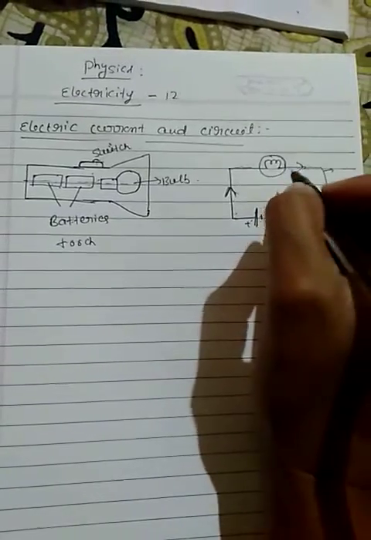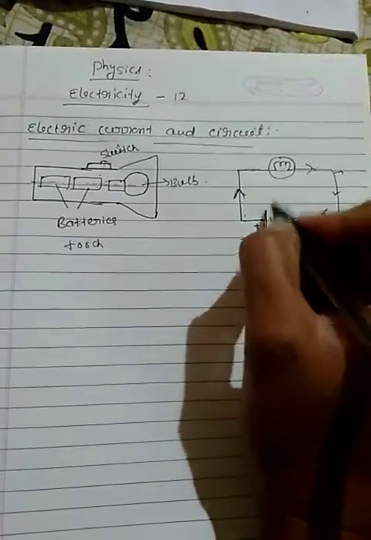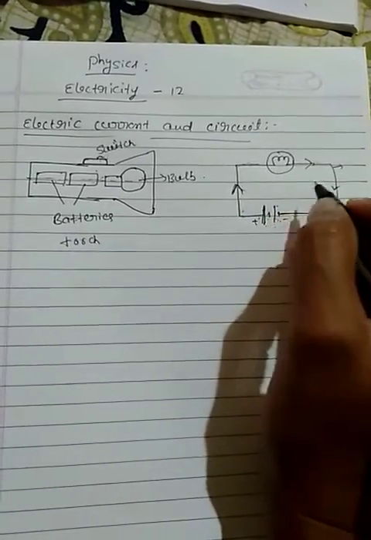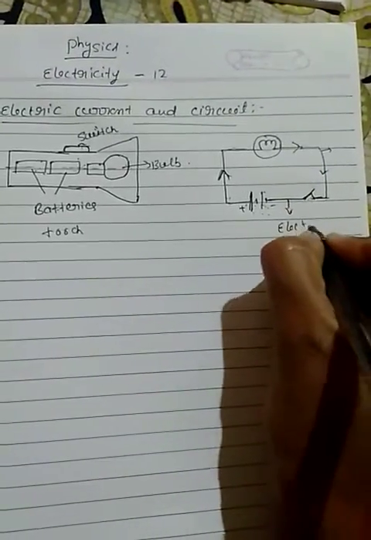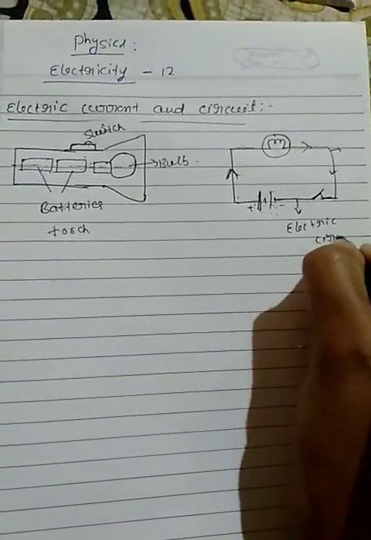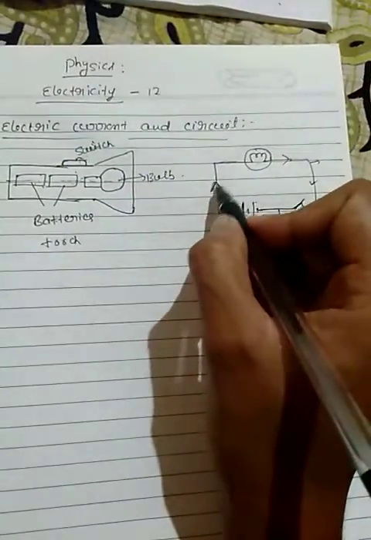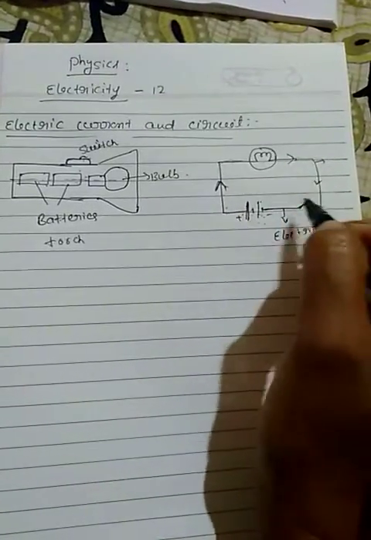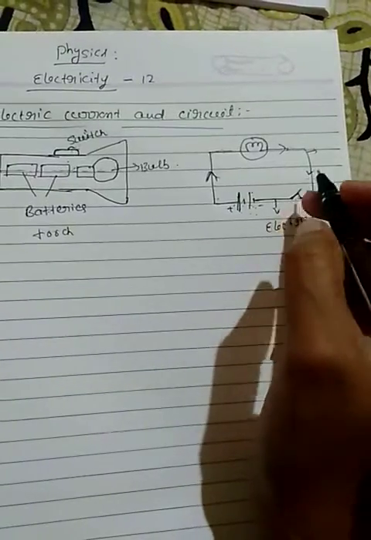So this continuous and closed path of an electric current is called an electric circuit. Remember that this is called an electric circuit.